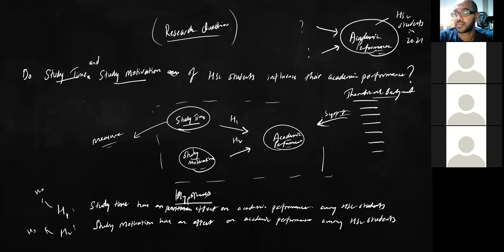Study time does not have an effect on academic performance. Yep, exactly, Arjun, that's right. So the null hypothesis is always the hypothesis where you say there is nothing, there's no effect. So your H0 here will be that study time has no effect. What would be H2? Obviously, study motivation has no effect.